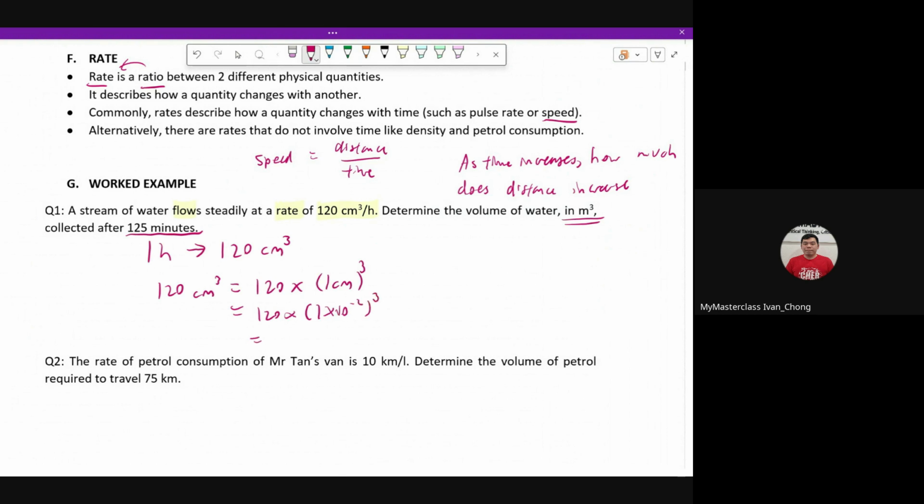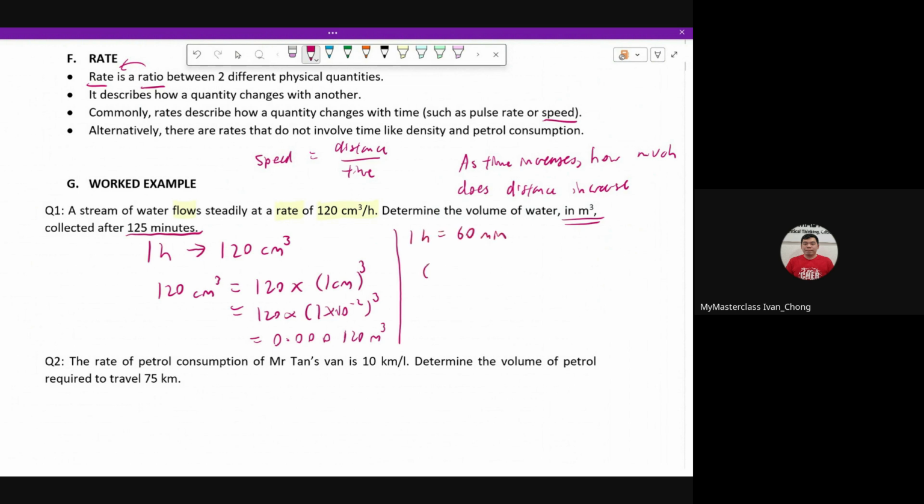You end up with a very small number here. But take note, this is not the final answer. This is meter cube, and this is for 1 hour, right? And 1 hour is how many minutes? 1 hour is 60 minutes.